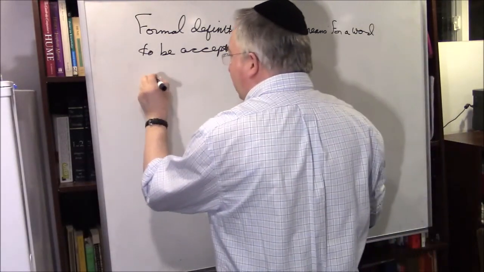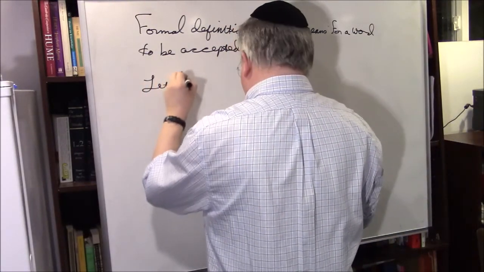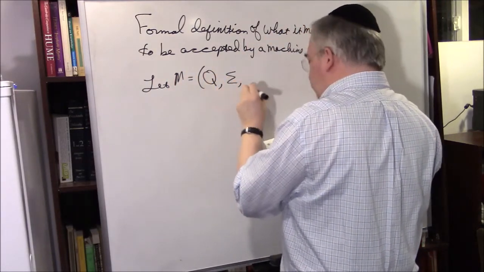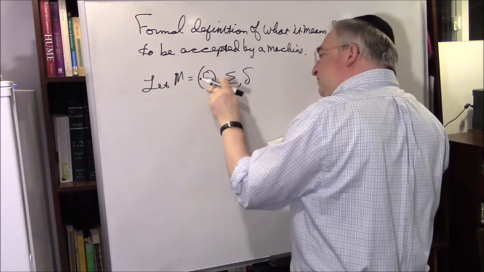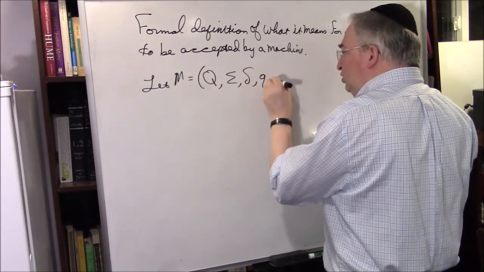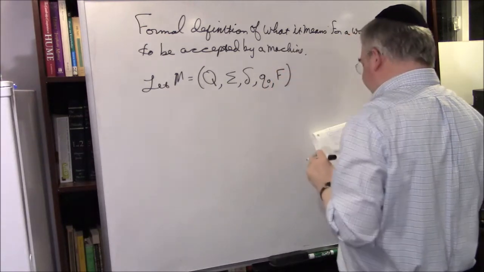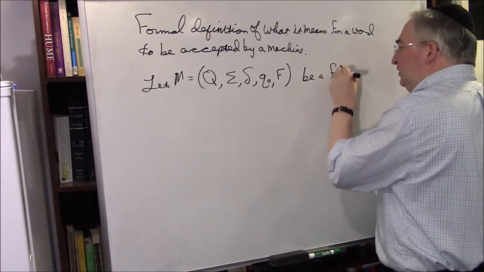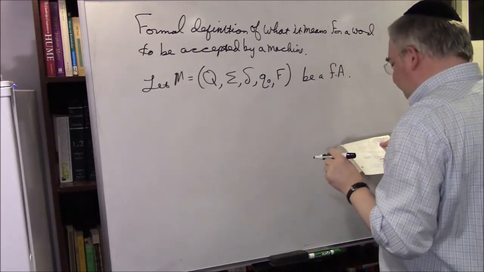So, let's be exact. Let M equal, M is a machine, it equals the 5-tuple: set of states, the alphabet sigma, the transition function delta, Q0 and F. Be a finite automaton, FA, finite automaton.